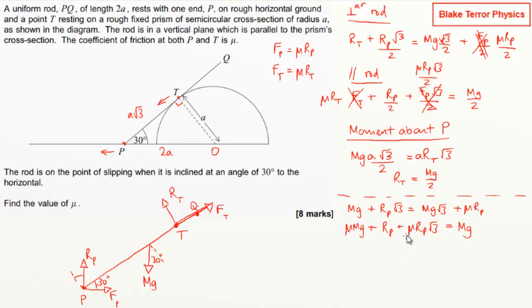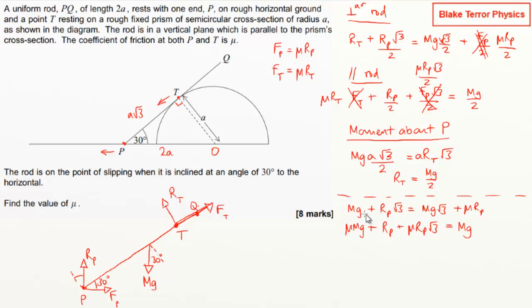Right, so if we can eliminate RP out of all of these, set them equal to each other, and then we can solve for mu, hoping that those mg's are just going to disappear. So let's make RP, because we're not interested in that, the subject of each one of these equations.